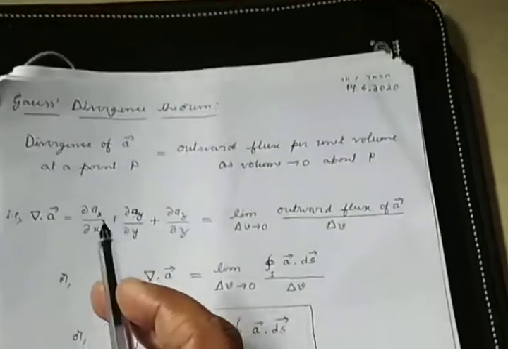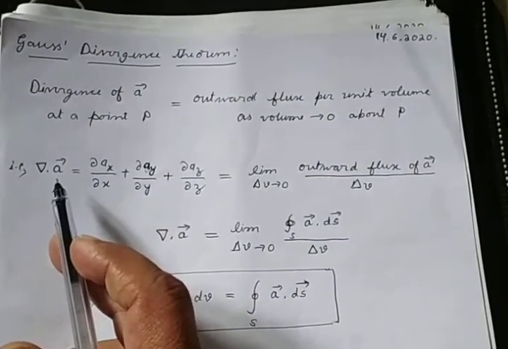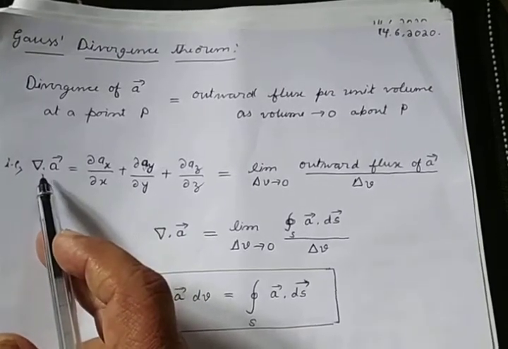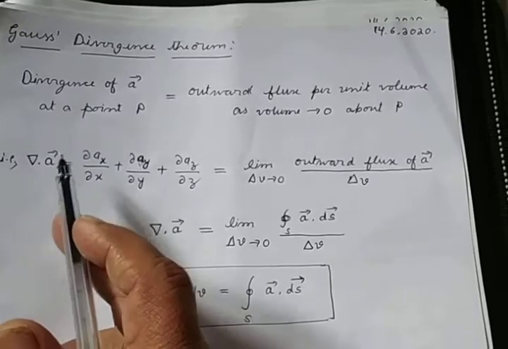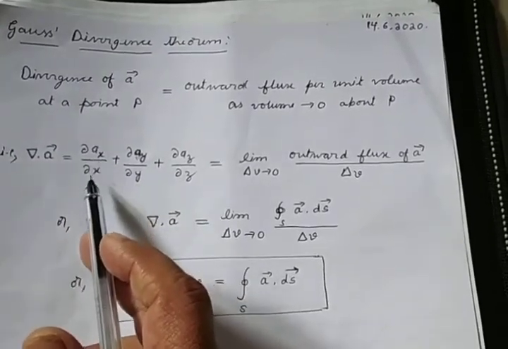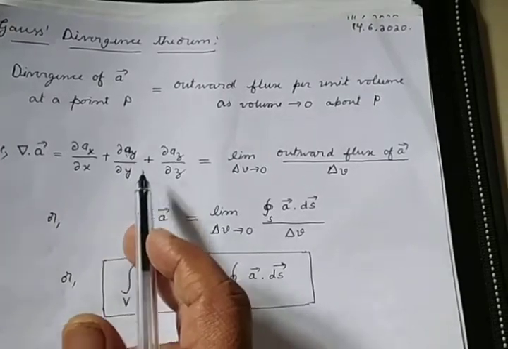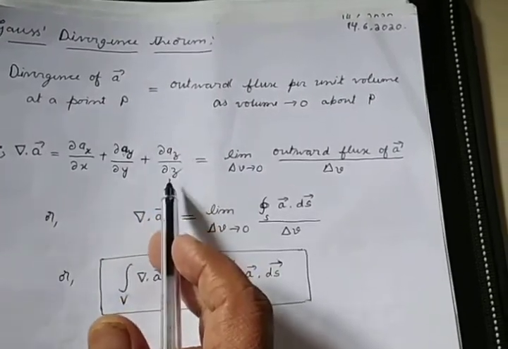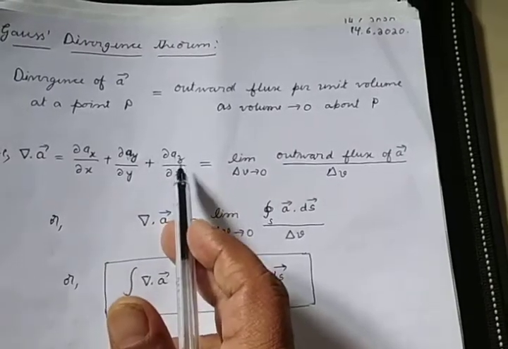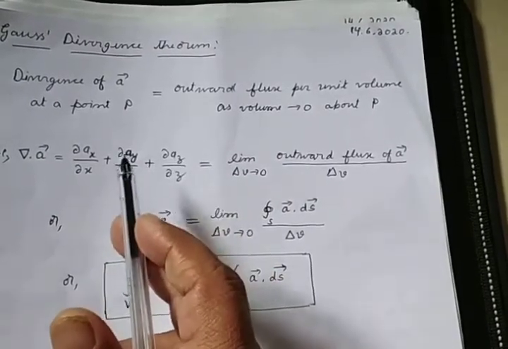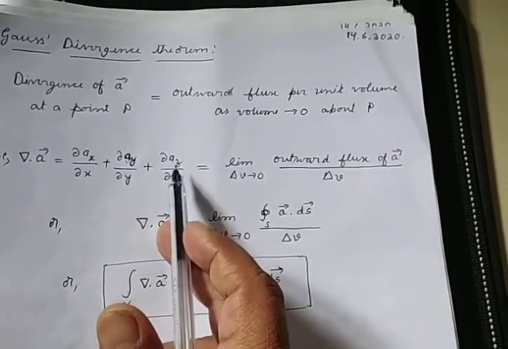So let us see mathematically what the divergence of A bar gives us. The divergence of A bar is given by the dot product of the del operator with the vector field A bar, which is given by dou AX by dou X plus dou AY by dou Y plus dou AZ by dou Z, where AX, AY and AZ are the components of the vector A bar along the x-axis, y-axis and z-axis.